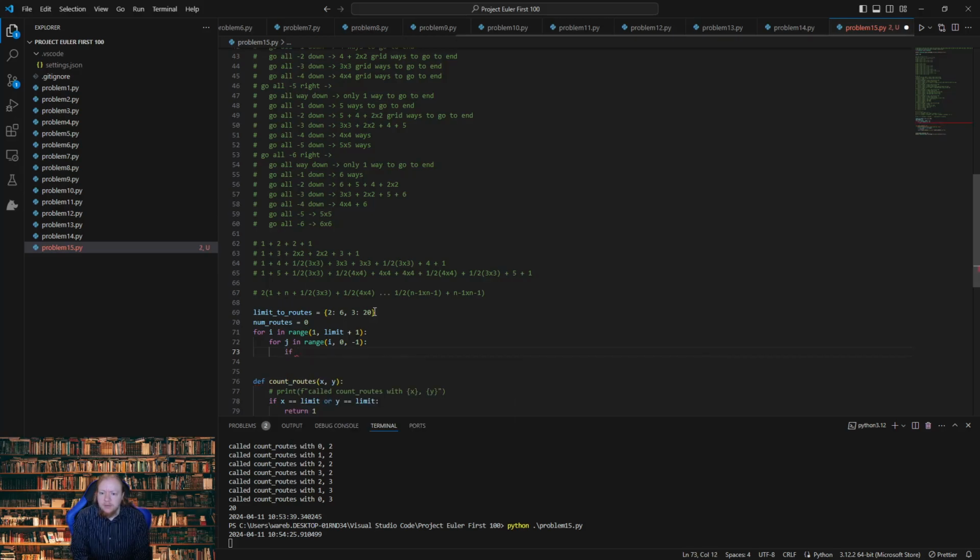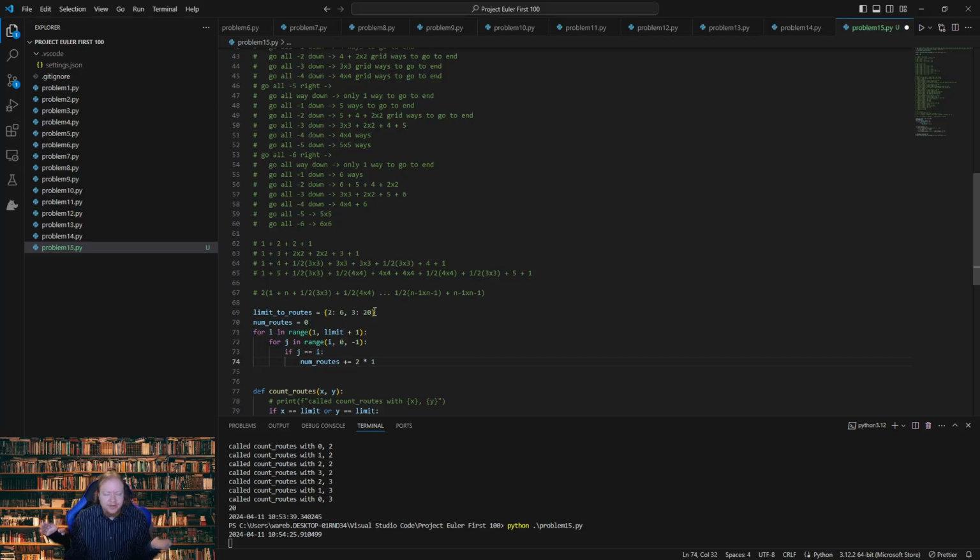So, if j, we don't need these parentheses, if j equals i, then we want to say num roots plus equals. I'm going to explicitly call out that this is 2 times 1.